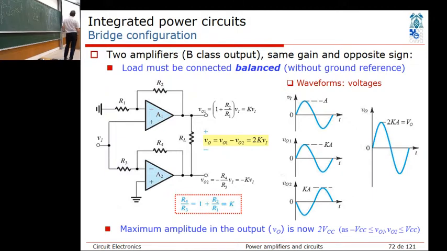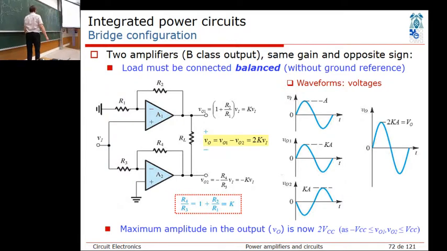Two amplifiers, AB class amplifiers. Ooh, that's a bridge configuration.